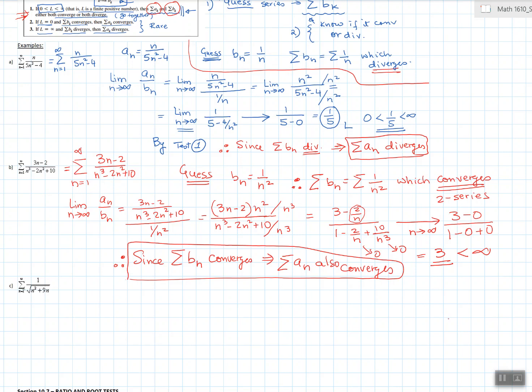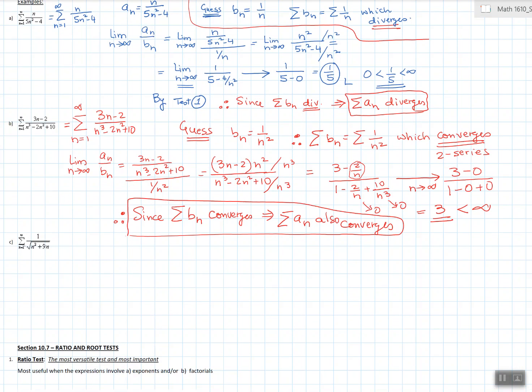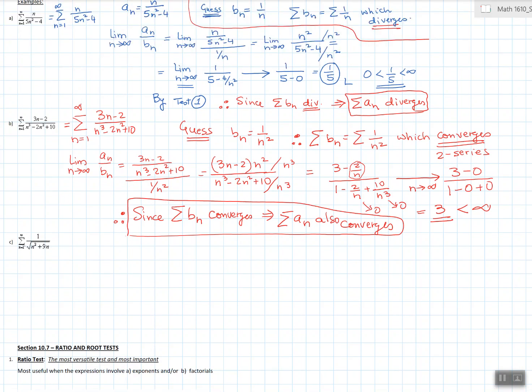Okay, so you must be thinking, how can I guess my Bn? Well, here is the idea. So how to choose Bn? So one more example, suppose I make up one example.